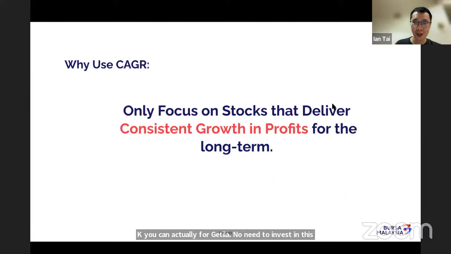All right. So what is the purpose of using CAGR? Why do we use CAGR, or why do investors use CAGR? If you know how to use CAGR, you will be motivated or encouraged to only focus on stocks that deliver consistent growth in profits for the long term. So it's going to be an inflation hedge, or a hedge against inflation.